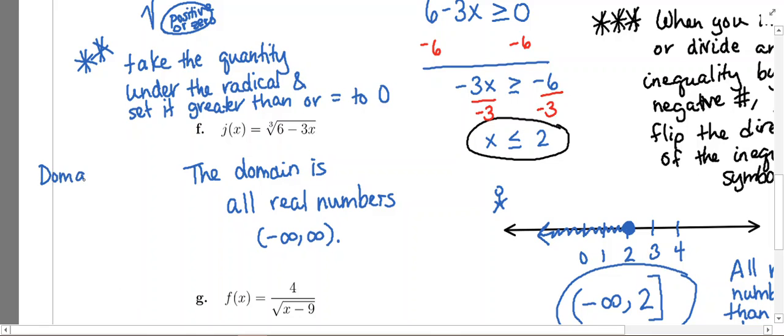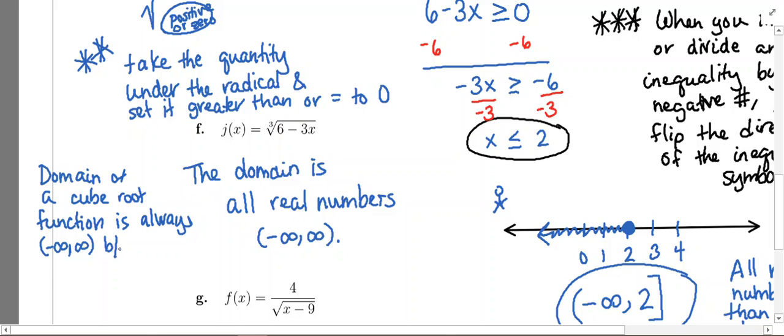The domain of a cube root function is always all real numbers, because you can take the cube root of a negative number.